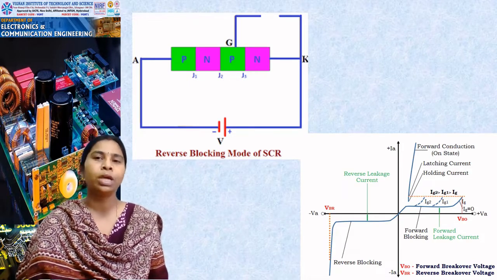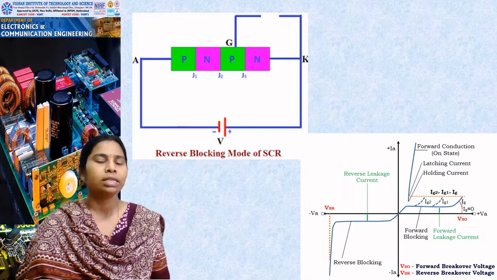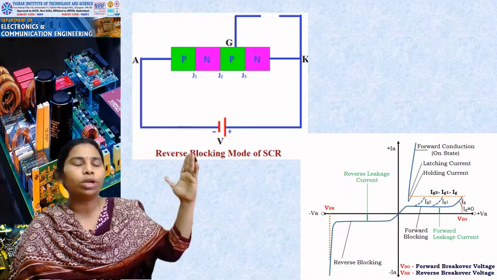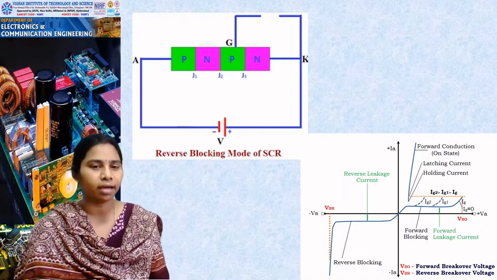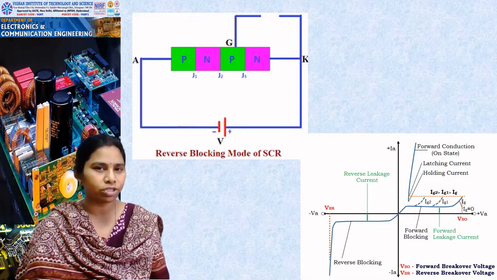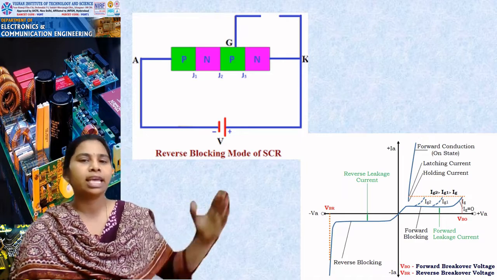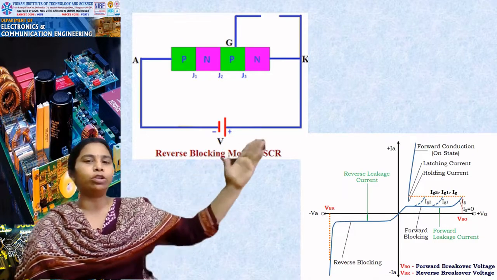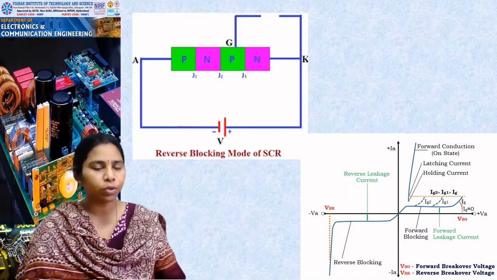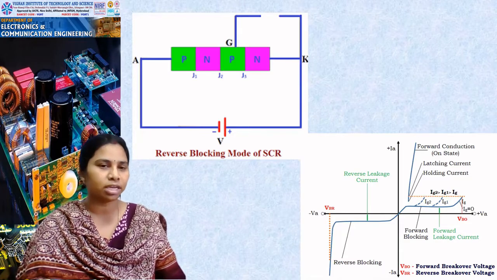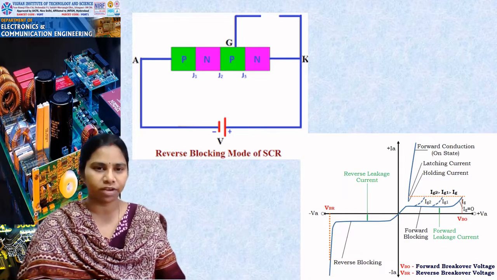It is similar to a reverse biased PN junction. Similarly, this negative voltage is applied to the second layer, a negative value to N-type region, so the second junction is forward biased. Next, the same positive voltage is applied to the cathode terminal. So positive to N means again it's reverse biased. So junction J3 is reverse biased.